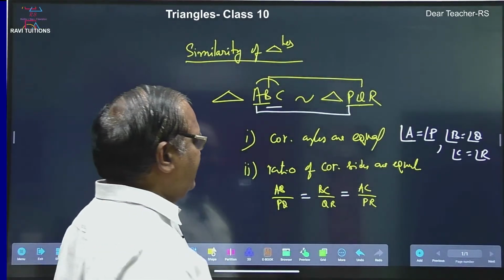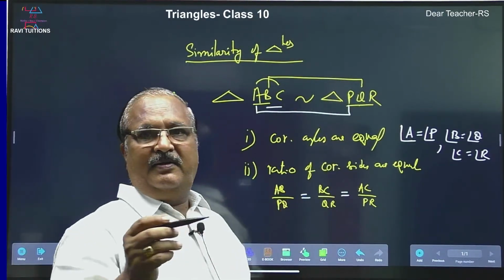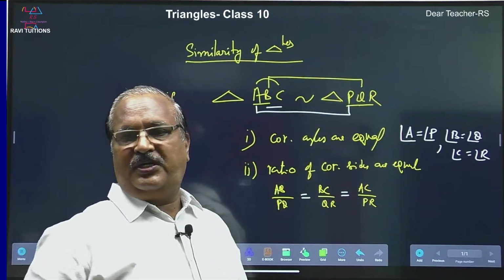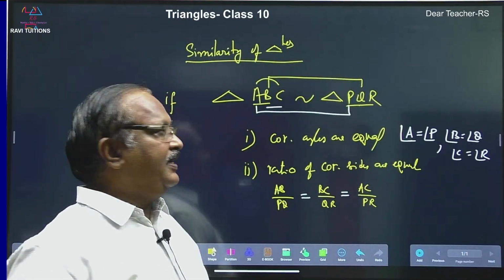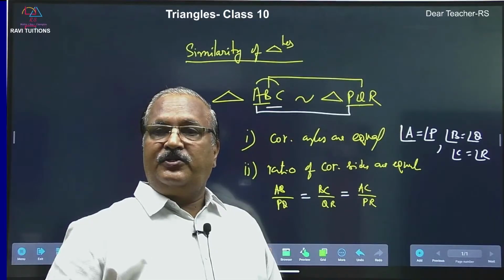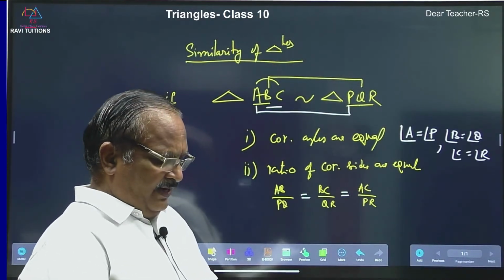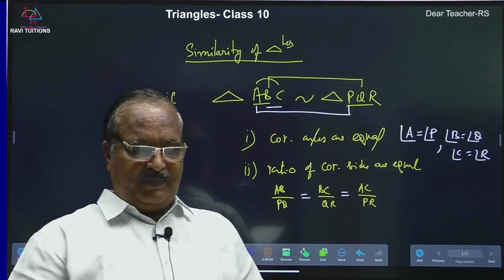Many students, without any basis, say these two triangles are congruent and put the ratios as they wish. They cannot do like that. So this is similar triangles, right? A very important thing.